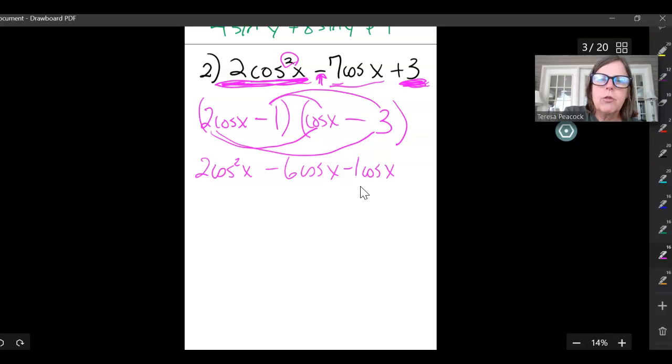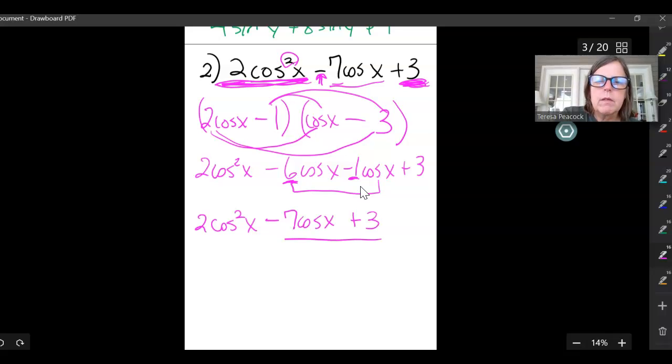And finally, the last term's a minus 1 times a minus 3, or a negative 1 times a negative 3 is a positive 3. Now, adding those middle terms together, remember when we're adding, we just add the coefficients. So a negative 6 and a negative 1 make a negative 7.